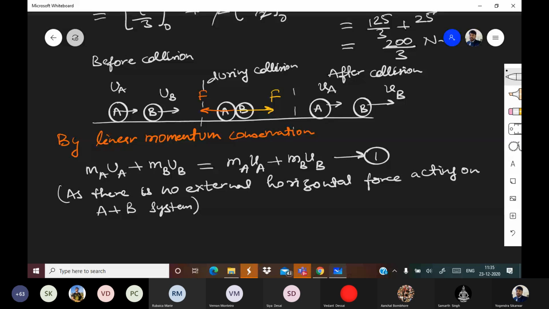So as there is no external horizontal force acting on the A plus B system, we could apply linear momentum conservation.